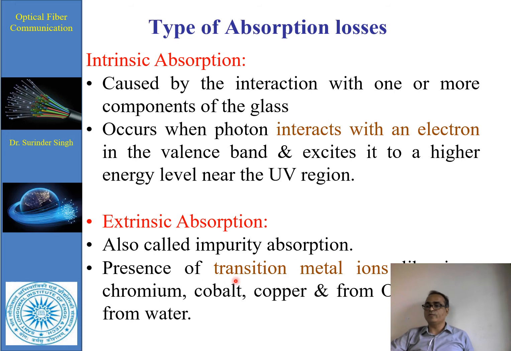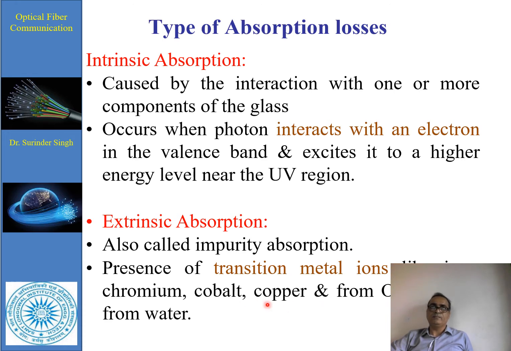So the source of attenuation is transition metal element impurity. Metal impurities like chromium, copper occur in valence states like chromium 3 plus, copper 2 plus, manganese 2 plus, ferrous 2 plus, nickel 2 plus, cobalt 2 plus. This causes attenuation above 1 dB per kilometer near the IR region.